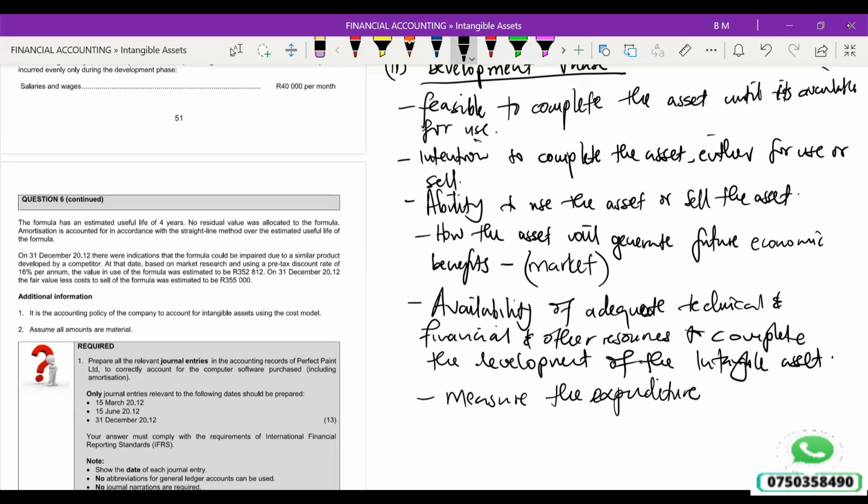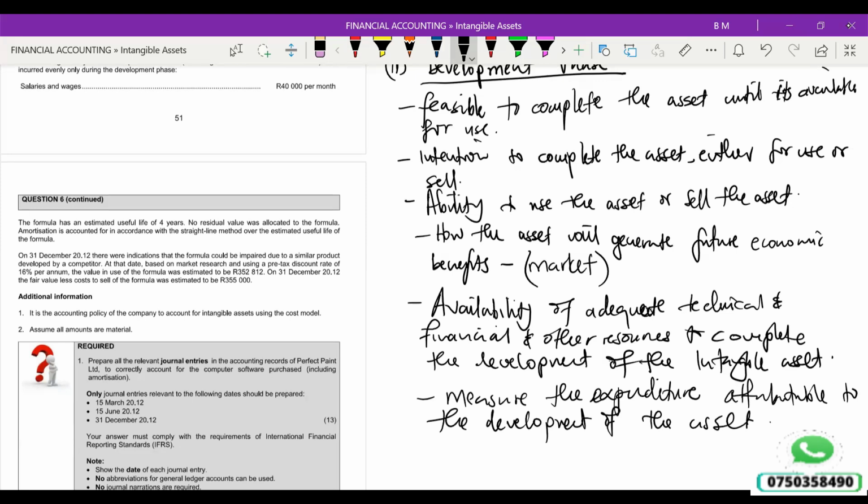Then lastly, are we able to measure the expenditure attributable to the development of the asset?